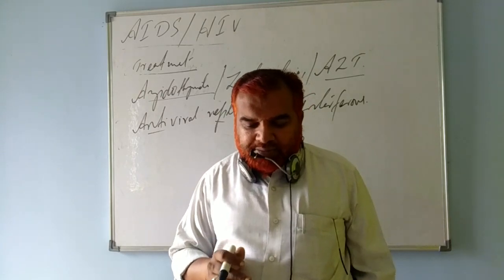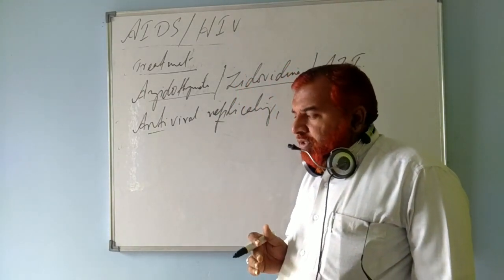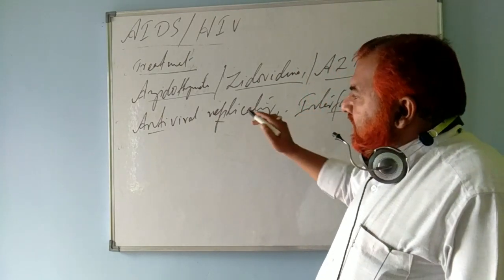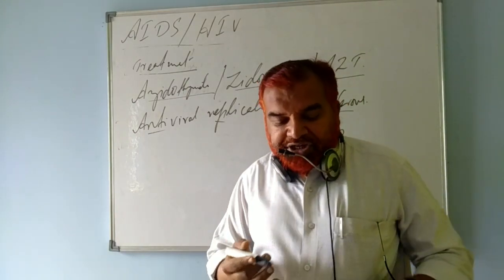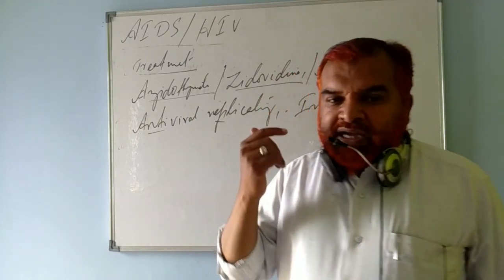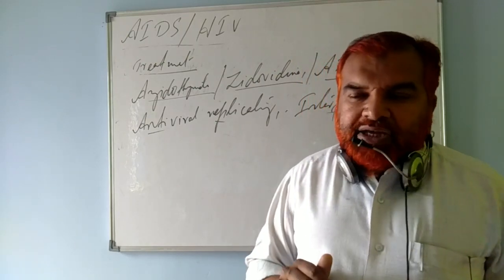We will talk about that in the next class, where we will conclude the AIDS and HIV topic. So antiviral, anti-replicating interferons are used. It is known as natural therapy because these enzymes are present in human milk and human tears. These enzymes are extracted and used to slow down the replication process of the virus.